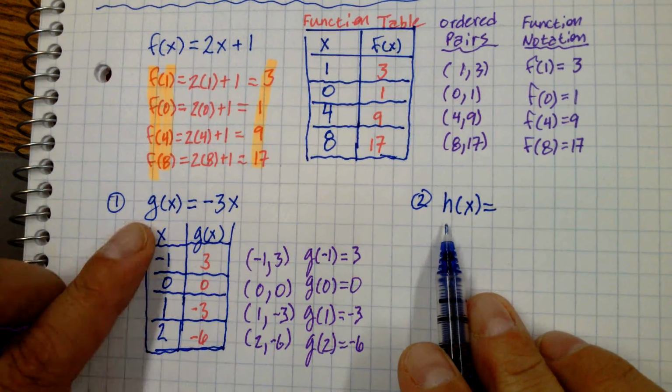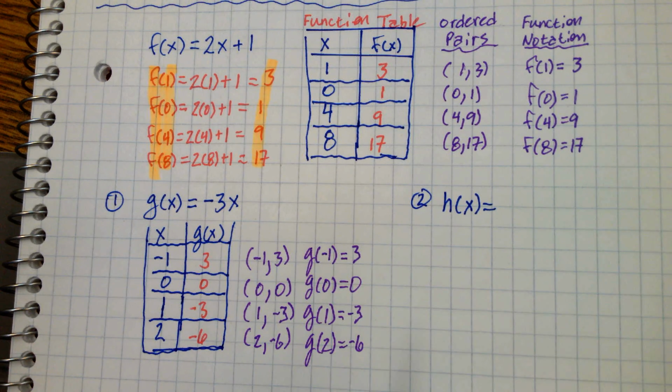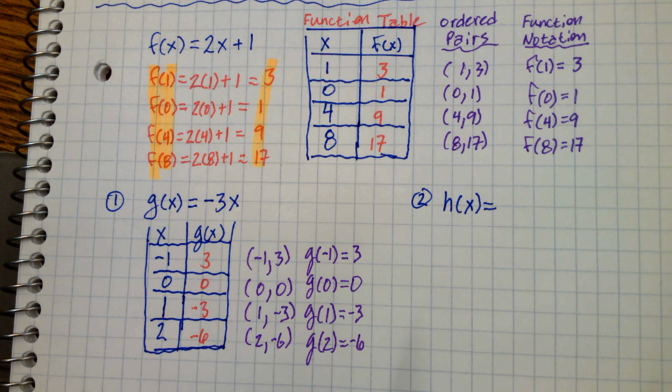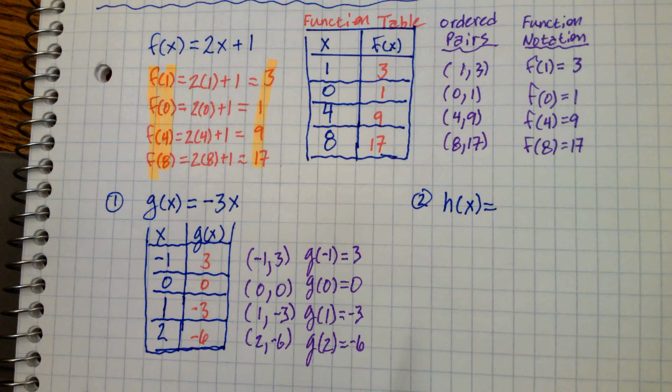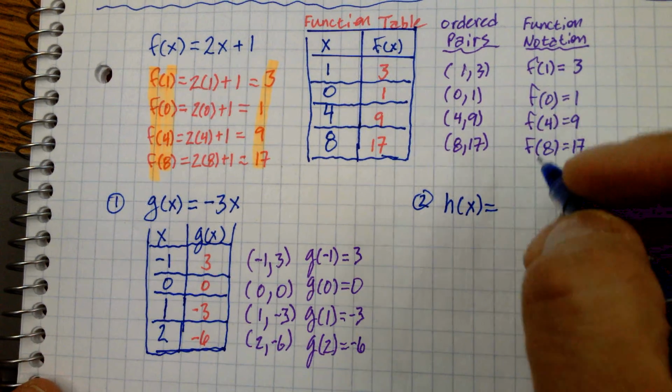Usually not unless, like I said, in science they mean something like motion, velocity, mass, force, acceleration, things like that. They would use those type of variables. So they might use a v for velocity, t for time. All right, so this one, let's make it x squared plus 1.